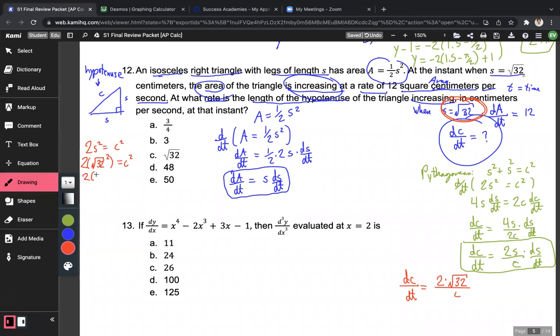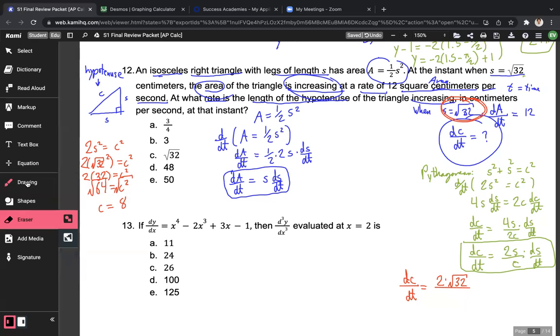That's 2 times 32 equals c squared. 64 equals c squared. Taking the square root of both sides, c equals 8. Beautiful. All right, so down here, I can replace this with 8 instead of c. All right, making some progress.